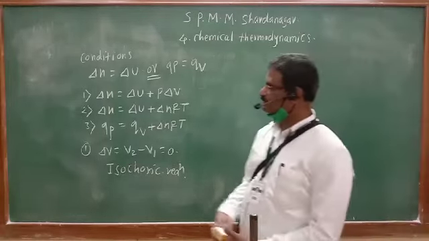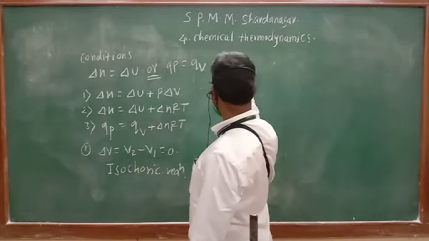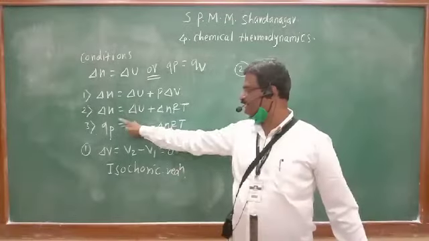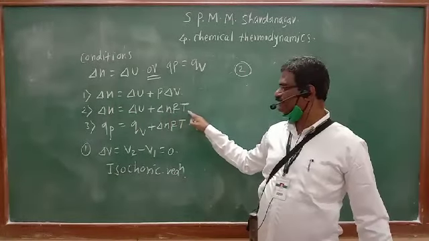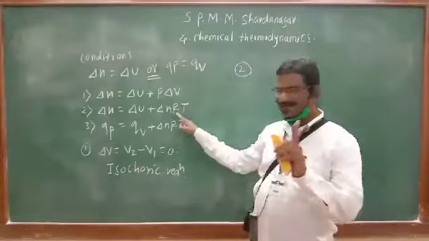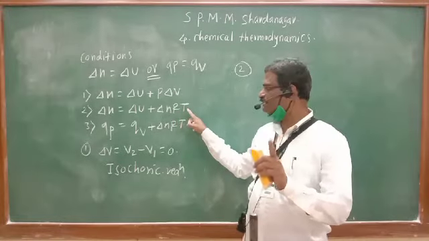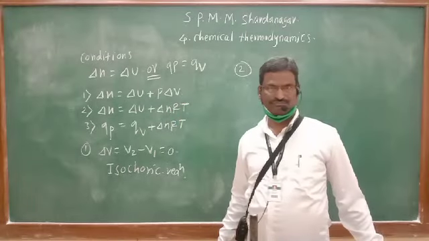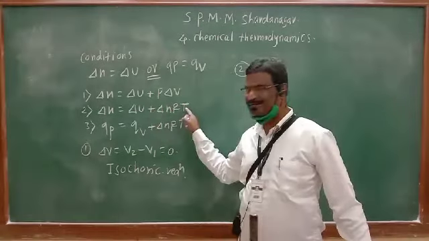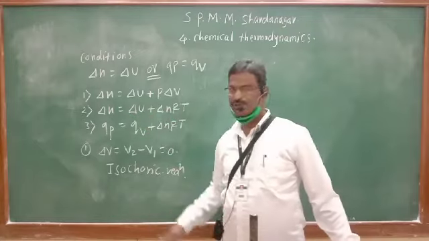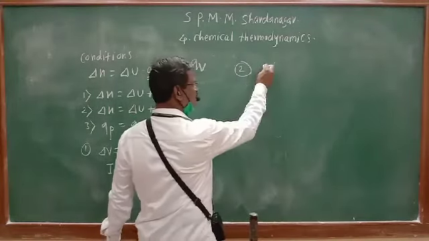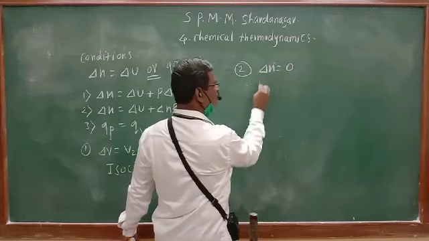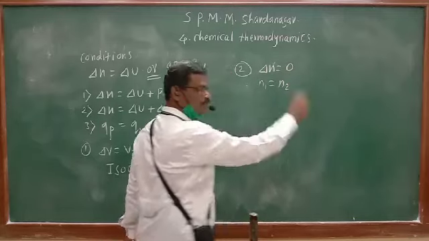Where delta H is equal to delta U, this is first condition. Now second condition. See, this equation delta H is equal to delta U plus delta nRT. R is constant, certain temperature is there, but delta N is 0. What is this total factor? It is equal to 0. So the reactions in which delta N is equal to 0, means N1 is equal to N2.